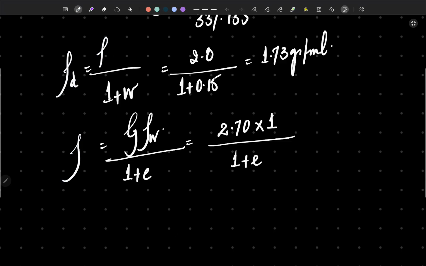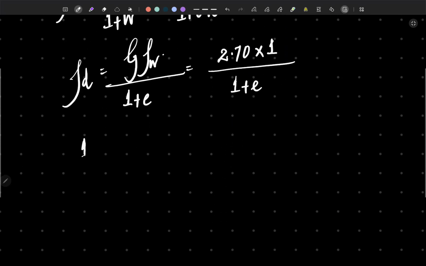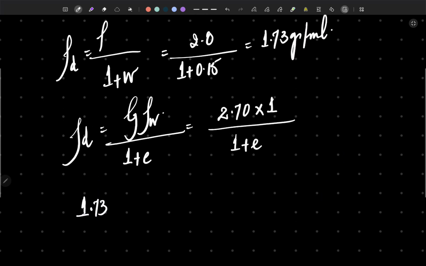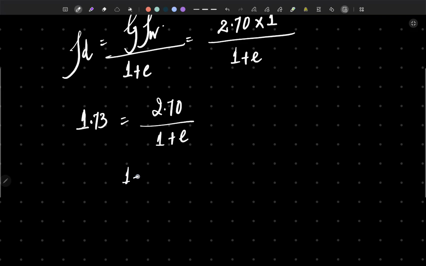So dry density is 1.73 grams per milliliter, equal to 2.70 divided by 1 plus e. Or 1 plus e is equal to how much? It is 1.56. That means void ratio is 0.56.